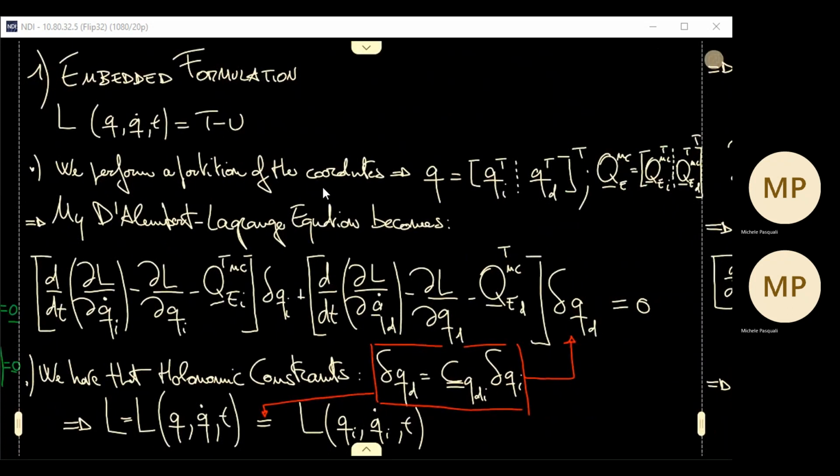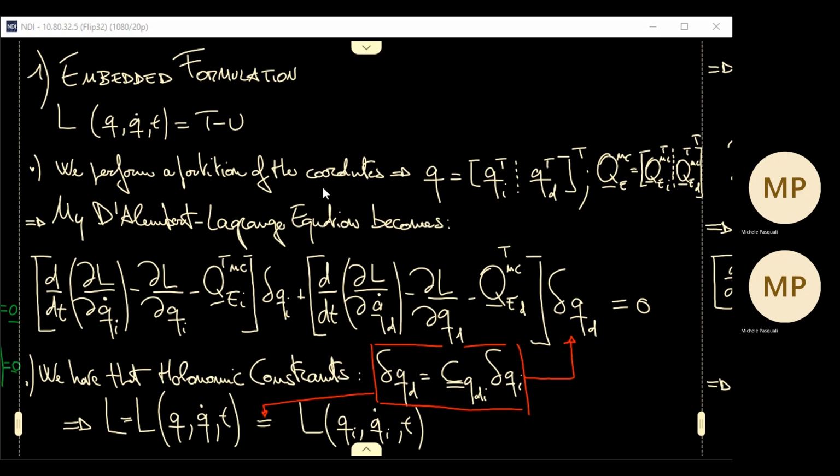This cannot be used in the non-holonomic case. Well, instead of relating, we will see, the order 0 of the function, we will relate the velocities. And this then can be used both for non-holonomic and holonomic constraints. Okay.